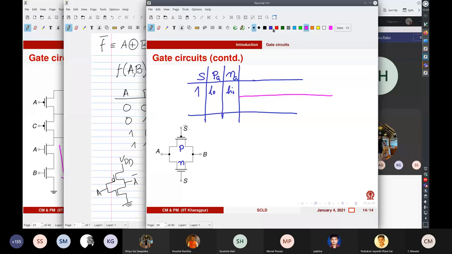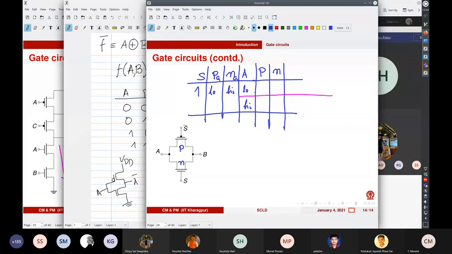We consider two possibilities for A: when A is low and when A is high. If A is at a low voltage, again I will draw P and N.